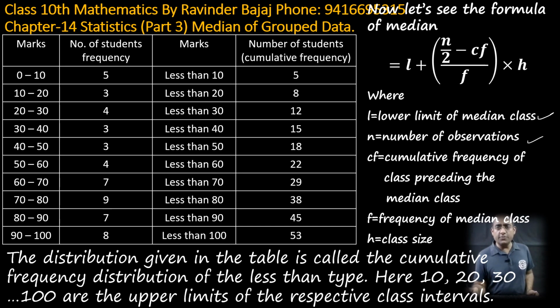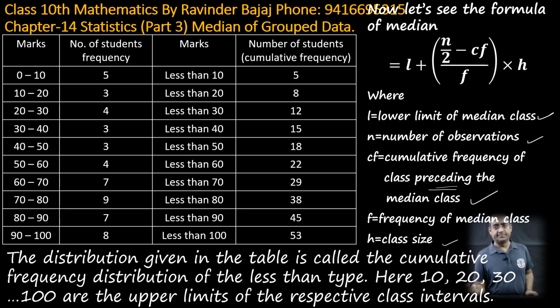Cf is the cumulative frequency of the class preceding the median class, take care of this thing. So using this formula, let me calculate the median for you.